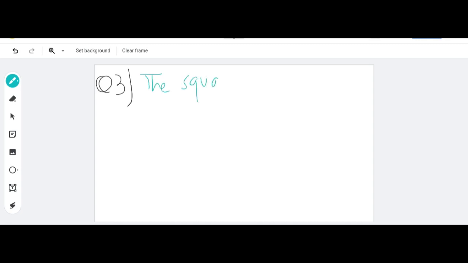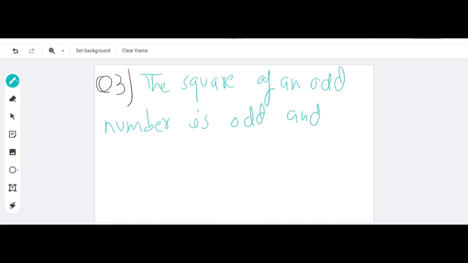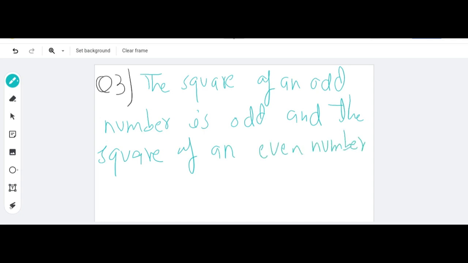The square of an odd number is odd, and the square of an even number is even. And let's do the answer.